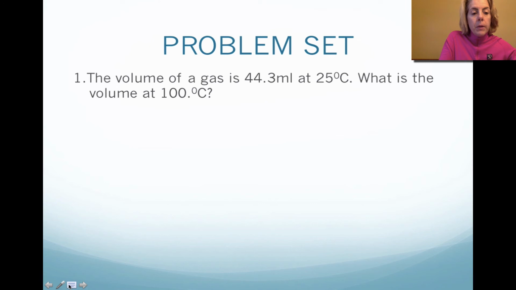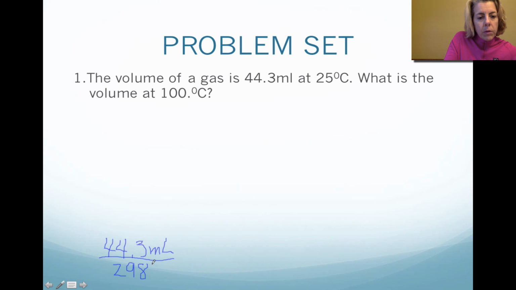Okay, so here I have a problem where a volume of gas is 44.3 milliliters. When you're doing this kind of problem, you don't have to change it to liters yet. Eventually we will have to, but for now, we're just going to keep it in milliliters. And I'm going to divide it by the temperature. It's 25 Celsius. I have to change it to Kelvin, so I add 273. Notice that becomes 298. And then I'm going to use the second volume, I don't know what that is, on the other side.